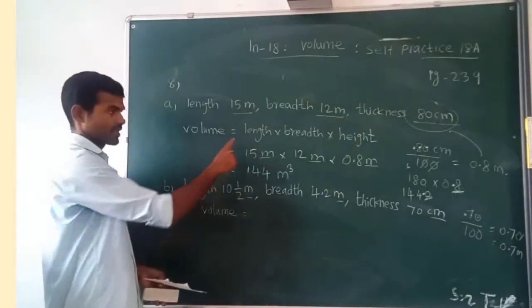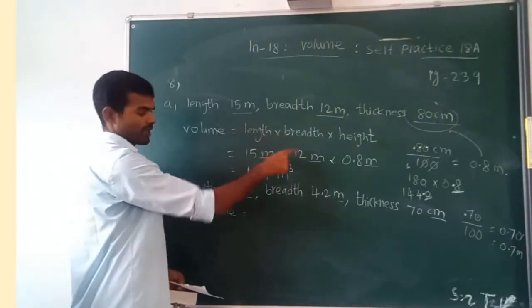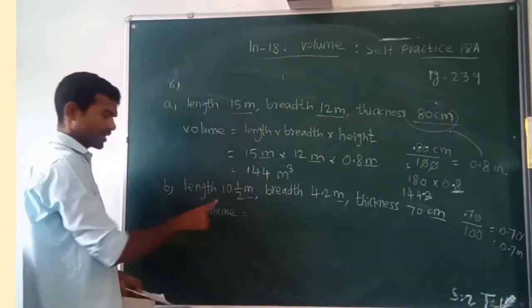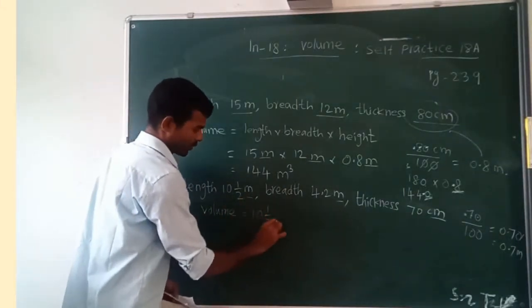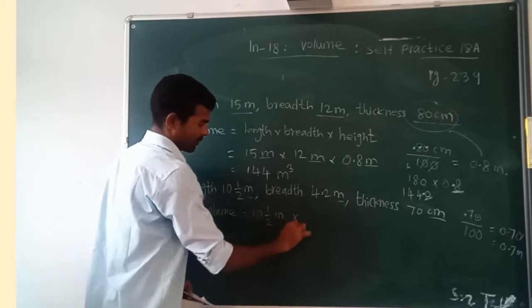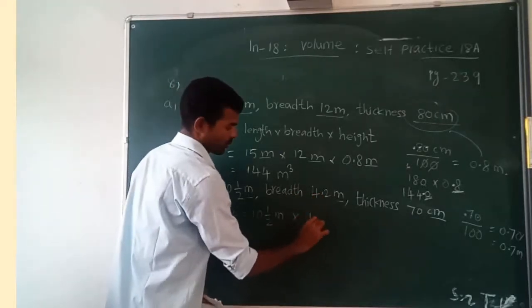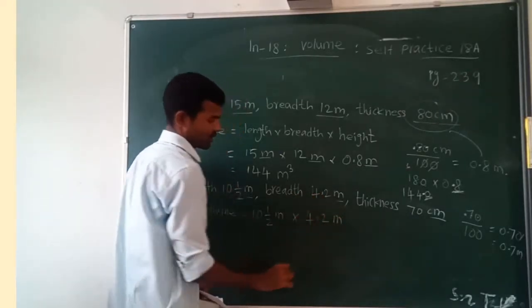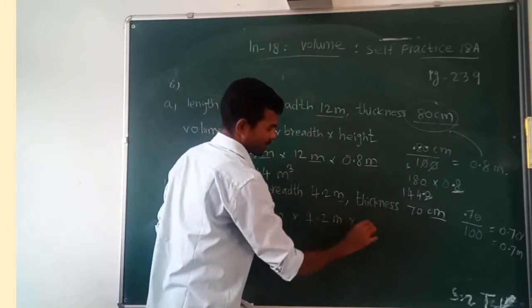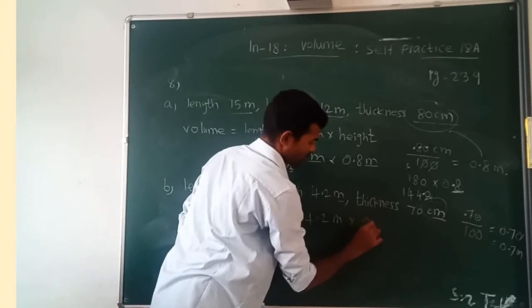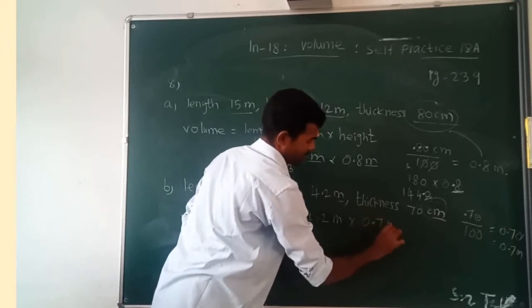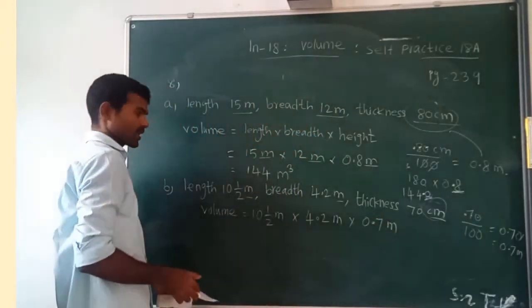Just first write the formula. Afterwards, whatever number, write it. 10 1 by 2 meter multiply breadth 4.2 meter multiply height, 70 centimeter, which is 0.7 meter.